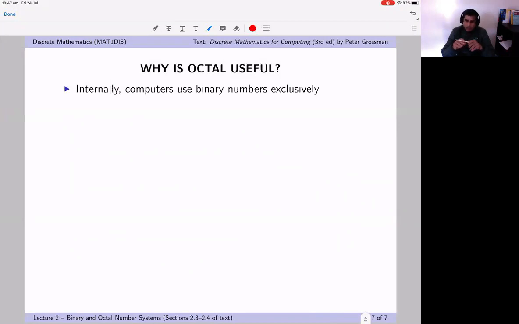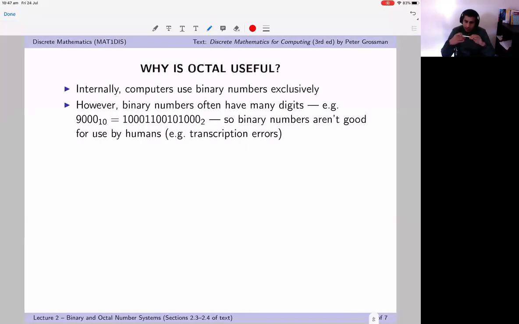And they're only in binary. However, binary numbers often have many digits. For example, if I'm writing 9,000 in binary, that would be this long string of numbers.